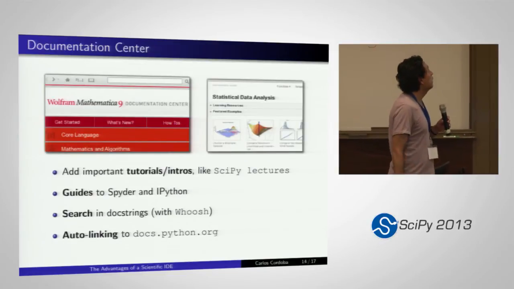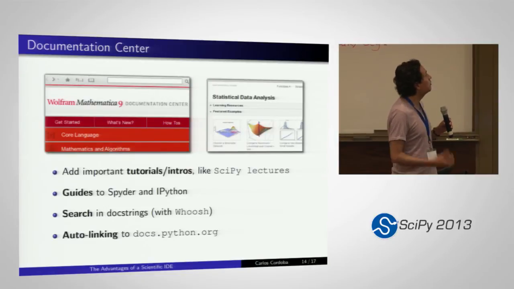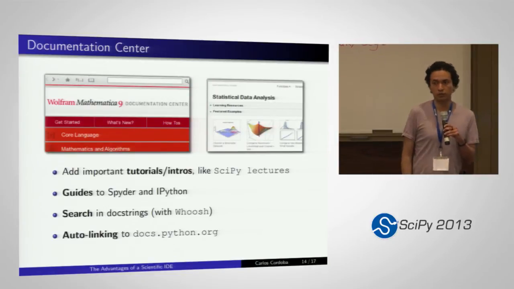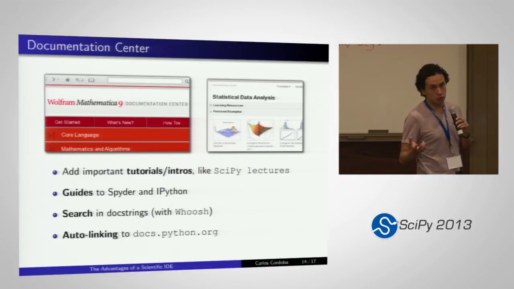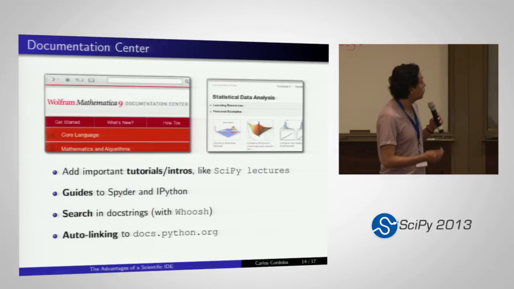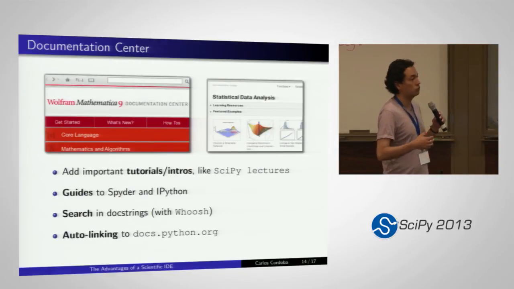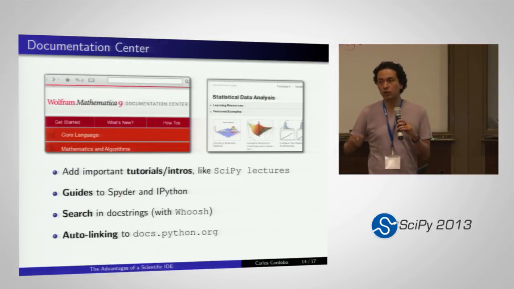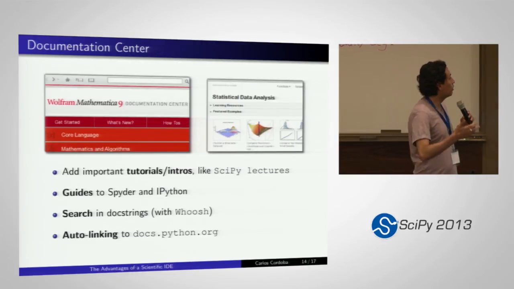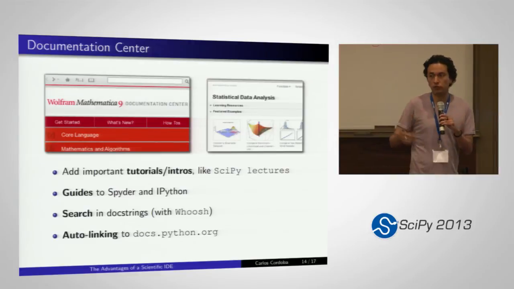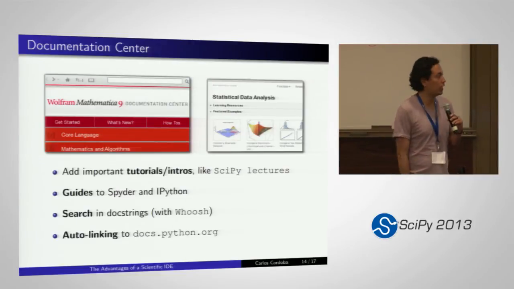We also would like to have a documentation center, because I'm very fond of it. Mathematica has a documentation center in which the user not only has the ability to search for help, but it also contains tutorials and a lot of things that can help a new user start with the language.